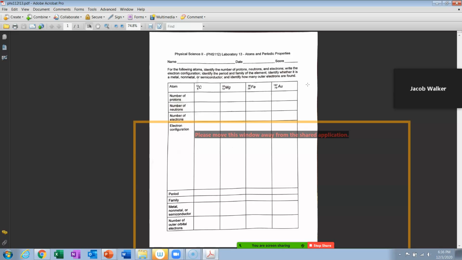Oh, you didn't, okay. Did you say that we can take a picture of it? Take a picture of what? Of your lab? Oh, yeah. And send me the picture? Yeah, that's fine. Okay. You can just write down the answers. I'll have the questions and I can follow them.